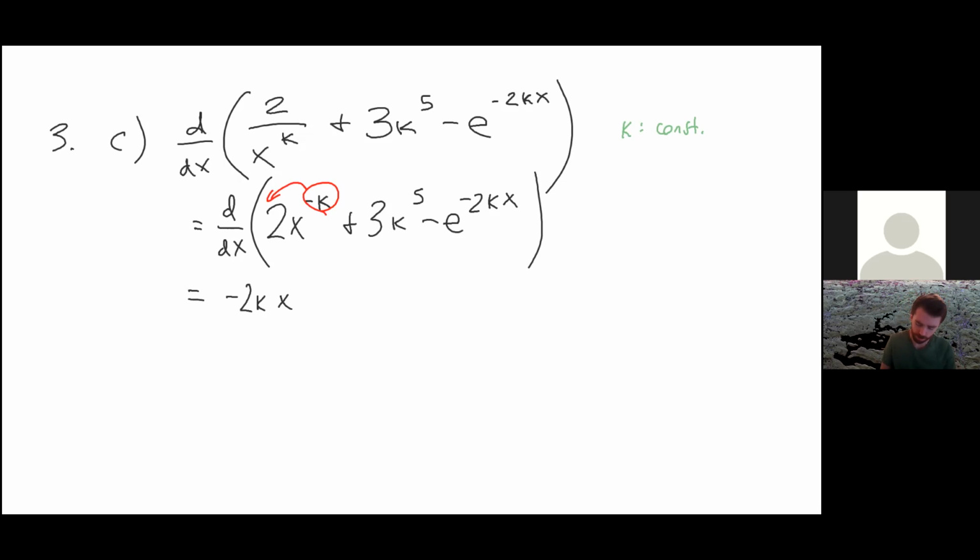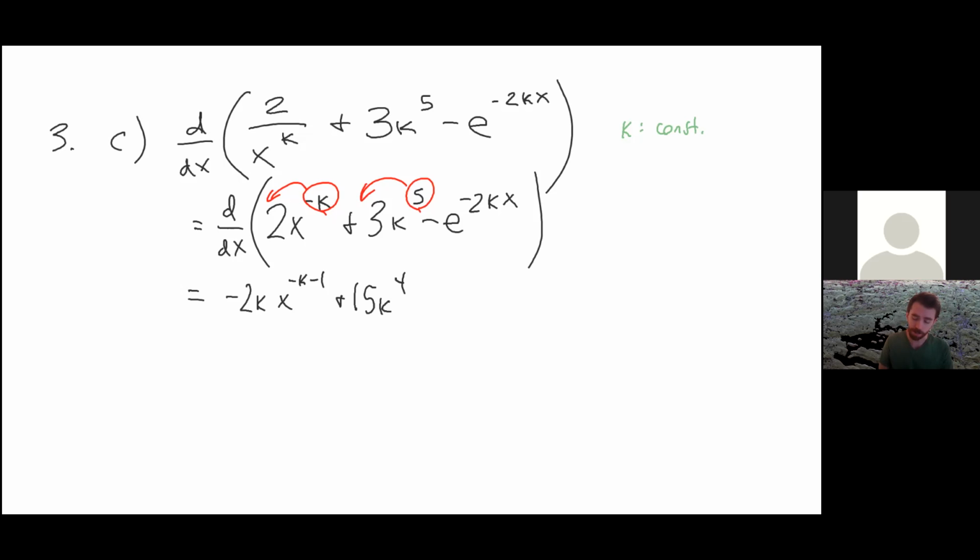So it was previously negative k. Now it's negative k minus 1. Okay, I can just write it like that. That's fine. Let's focus on the next part now. What's the derivative here? Okay, don't fall into the trap of thinking, oh, I'll bring the exponent down, and that's 15k to the 4.